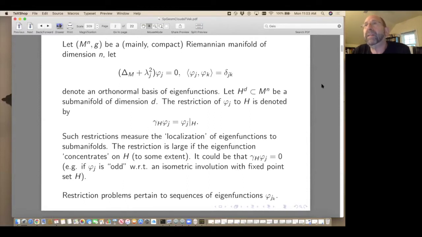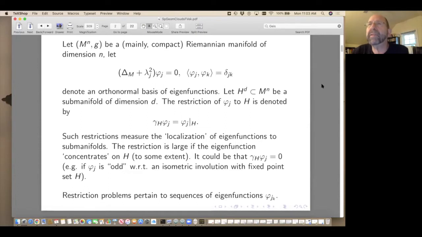On the other hand, it's quite possible that the restriction of the eigenfunction is completely zero on some submanifold. For example, if you have an isometric symmetry, like a left-right symmetry, and H is the axis of symmetry, then functions which are odd with respect to the involution will vanish.